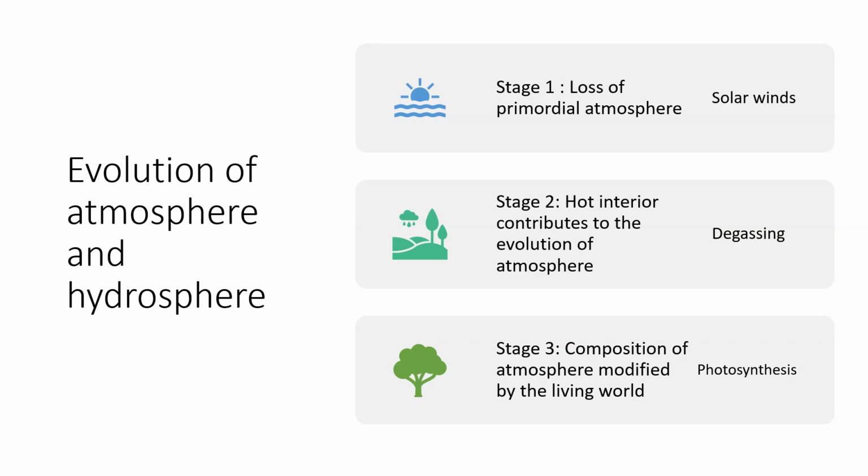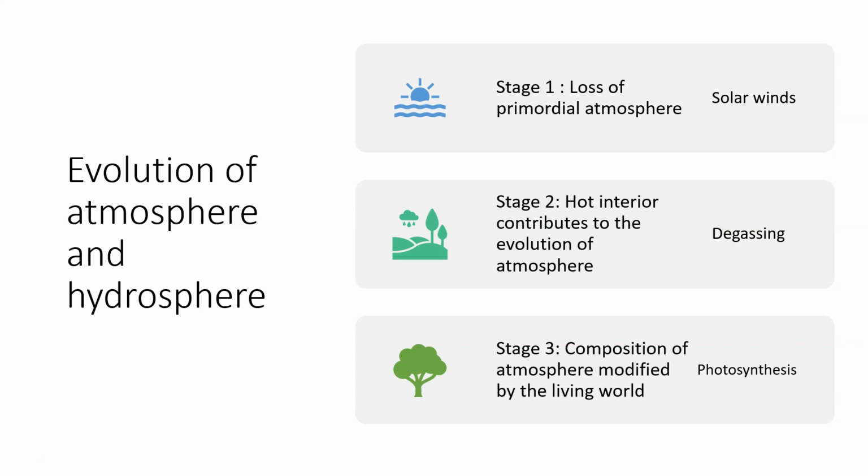The second stage involves the hot interior of the Earth contributing to the evolution of the atmosphere by a process called degassing. And finally, the third stage is what changes the composition of the atmosphere by the living world through the process of photosynthesis.